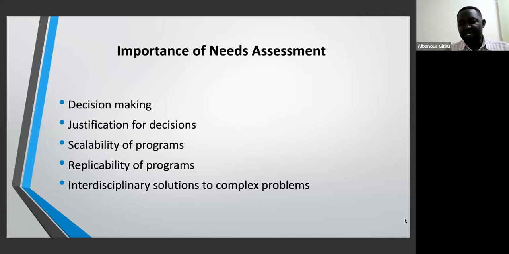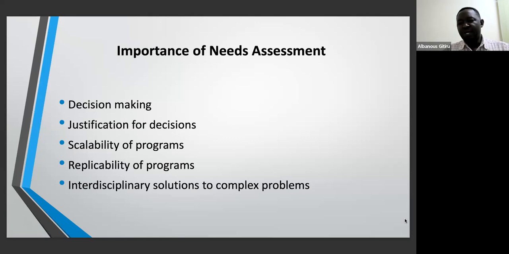There are other times we do programs in different parts. They come out successful and we would want to repeat that implementation in another different context or locality. We call that replicability. How is the program replicable in another setting? For you to know this, the needs assessment is very crucial.